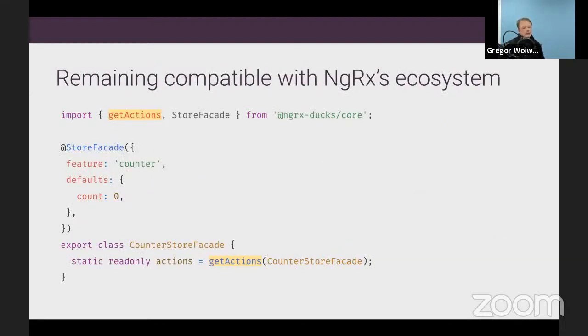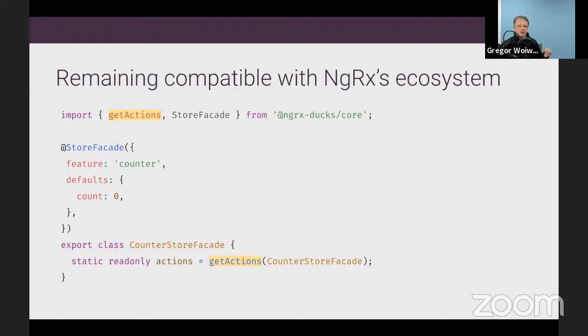So, and then there is another thing called getActions, because there are other things in the ngrx ecosystem that are not addressed by ngrx-ducks because they are just good, and the concept of the effects in ngrx just works. And what I have to do here with my library is to remain compatible with those mechanisms, because there are some mechanisms in ngrx that need the pure ngrx actions, not the ducks.